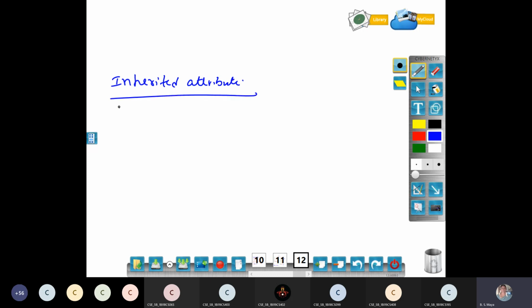An inherited attribute at node n is defined only in terms of attribute values at n's parent. I will only continue the class. Don't worry about the CG class till 10 o'clock.